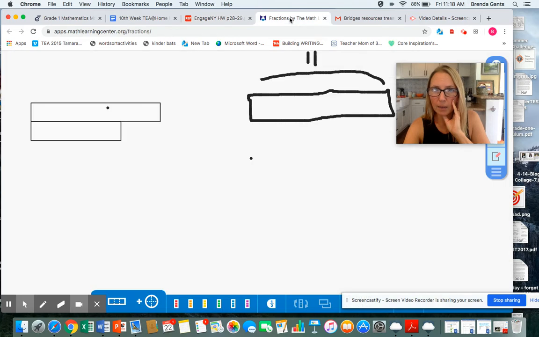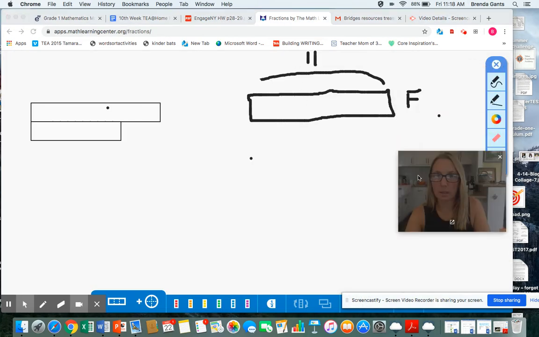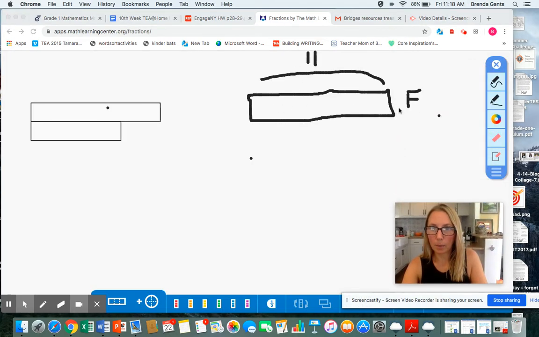So Fran donated 11 of her books. So I did this rectangle, and then I used my marker to draw this rectangle. And I put a little arc here with an 11 on top, because then I know that this long rectangle represents 11 books that Fran donated. So that's why I put the F next to it, because that's the part that tells me that these are Fran's books.